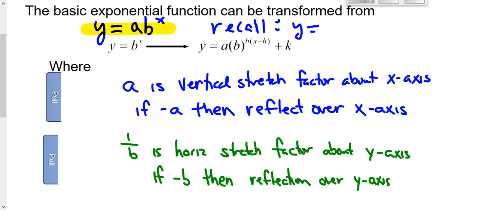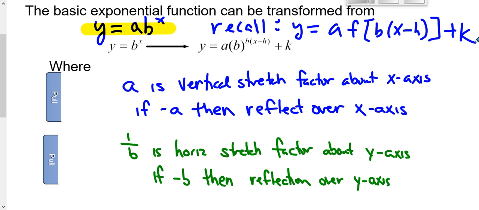So y equals a times f of b times (x minus h), and then outside that you have plus k.